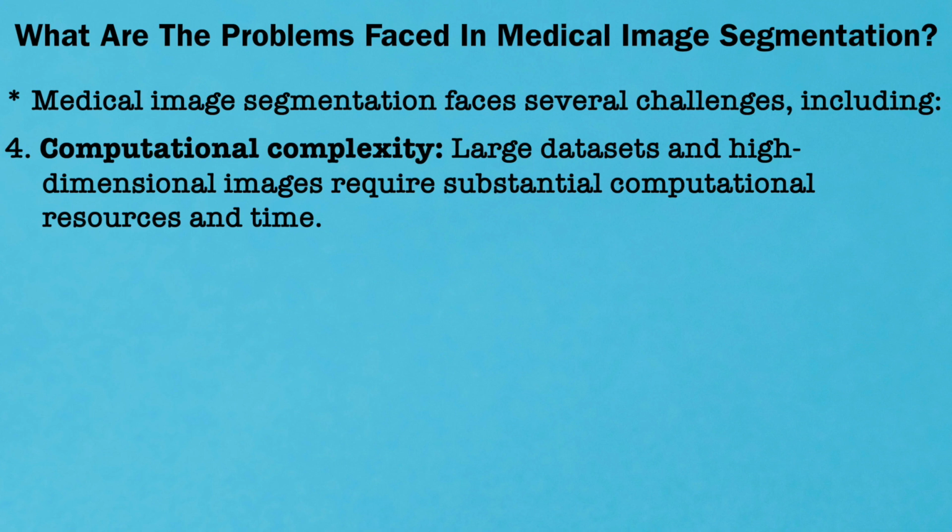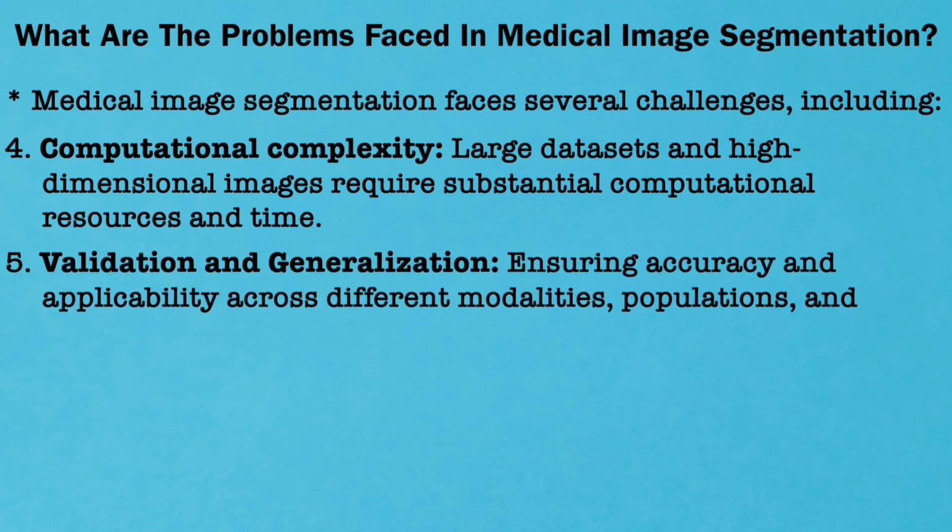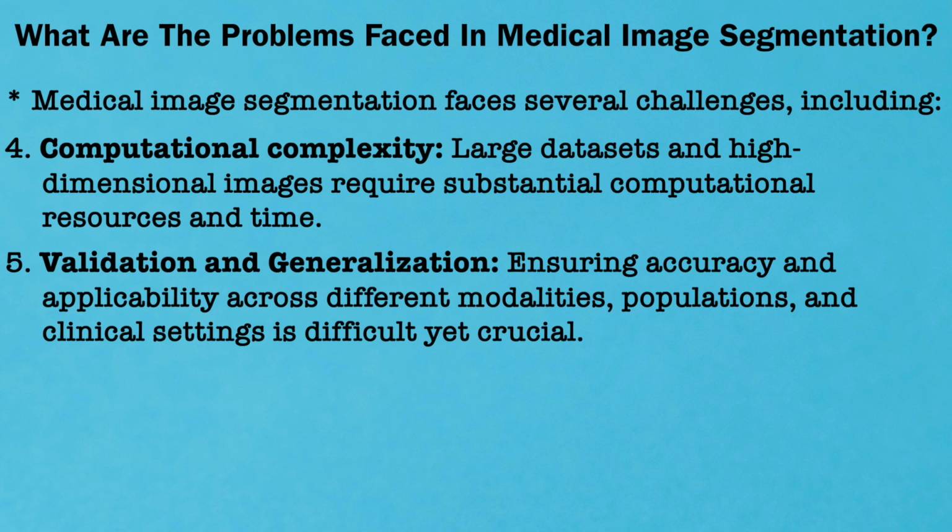So this is the complexity of finding the image segmentation. The next one is validation and generalization. Ensuring accuracy and applicability across different modalities, populations, and clinical settings is difficult yet crucial.